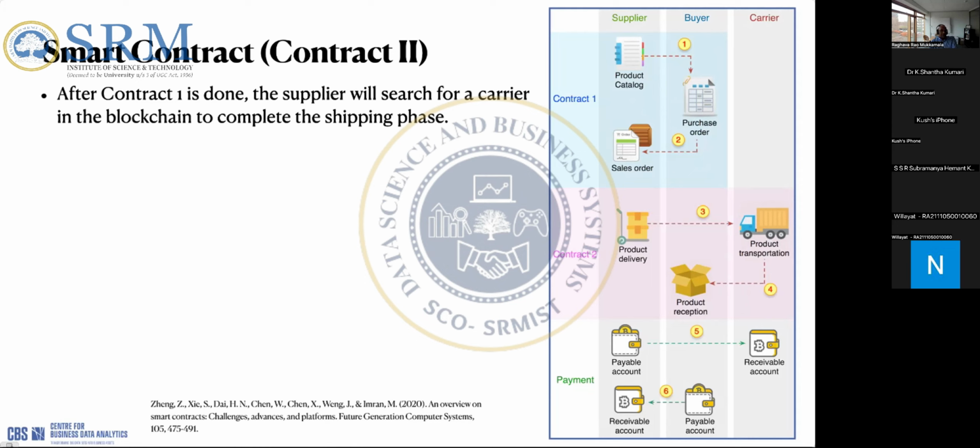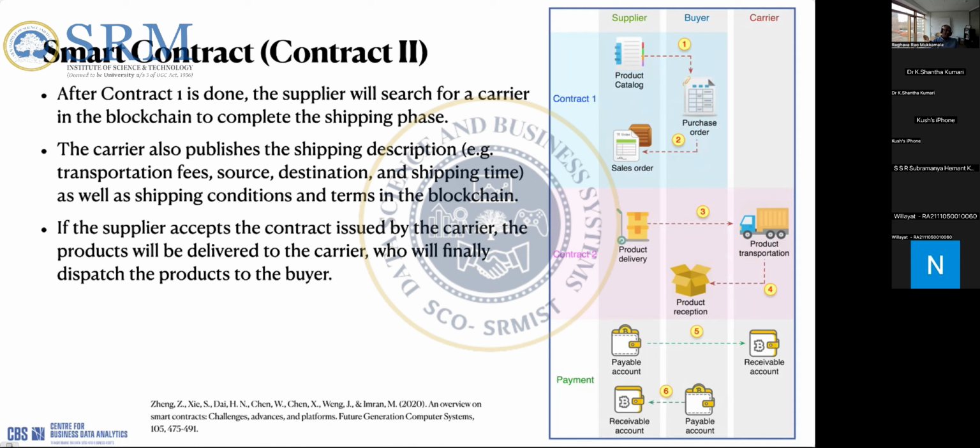Now the supplier will try to find a shipper, or you can say the carrier, because he has to carry the promised T-shirt from his godown and deliver it to the buyer. So again, the supplier will look on the blockchain for the probable shipping companies who can carry the product.